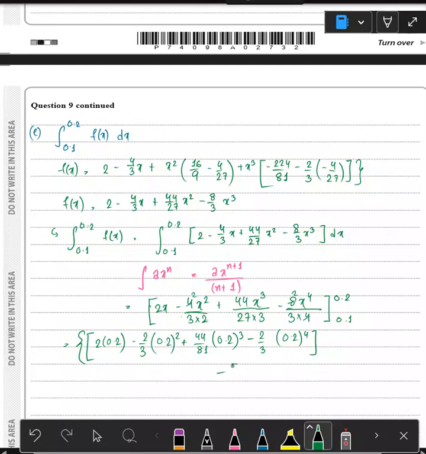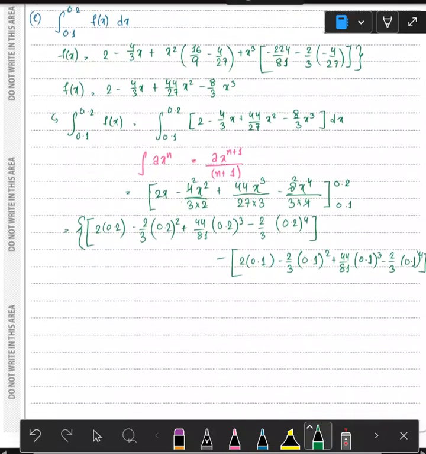Now we will work with the lower limit. Since I don't have space, I'm going to the next line. So this will be 2 multiplied by 0.1, negative 2 by 3, 0.1 square plus 44 by 81, 0.1 cubed, negative 2 by 3, 0.1 to the power 4.